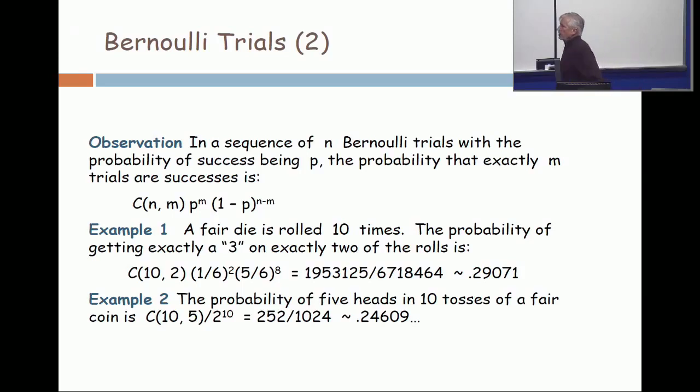The probability of getting the 3 is 1 out of 6, so 1 out of 6 squared. The probability of not getting a 3 is 5 out of 6, 5 out of 6 to the 8th. I actually calculated that, and it's 1,953,125 over 6,718,464, and that's about 0.29071.